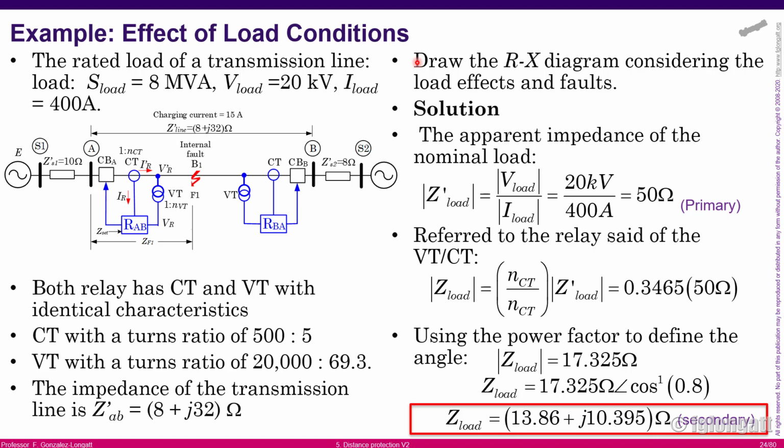The first step is we have nominal load, but we can say for this moment that this load is basically a static load. We can say that load is an impedance, and what we need to know is this impedance is dividing voltage and current. We are assuming this is a line-to-neutral voltage, and 20 divided by 400 gives 50 ohms.